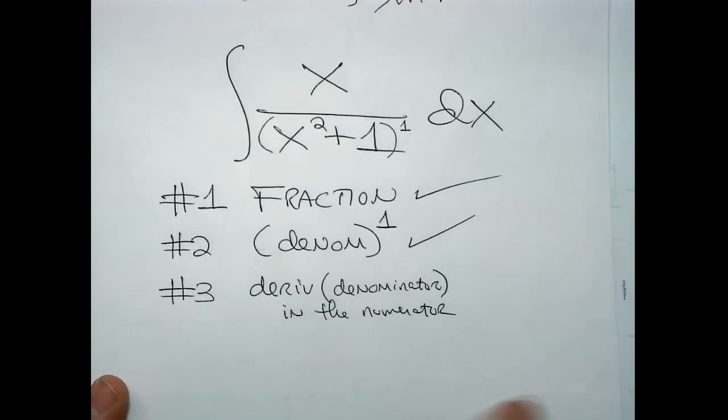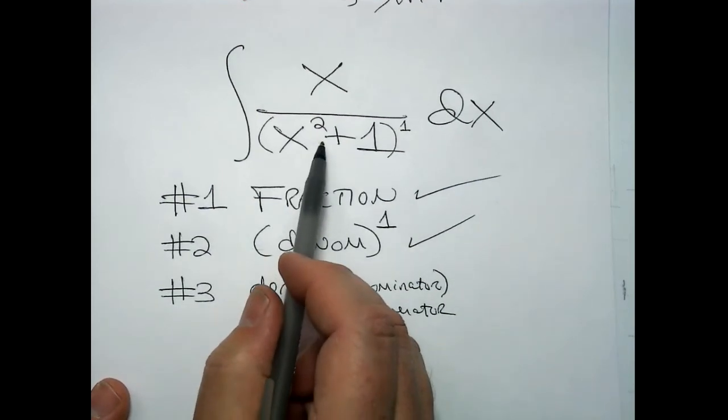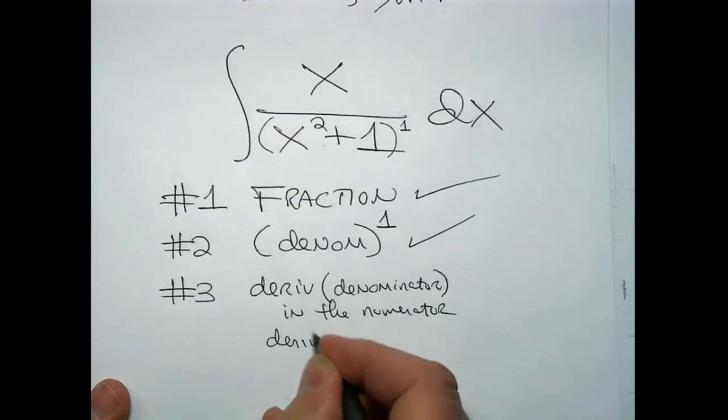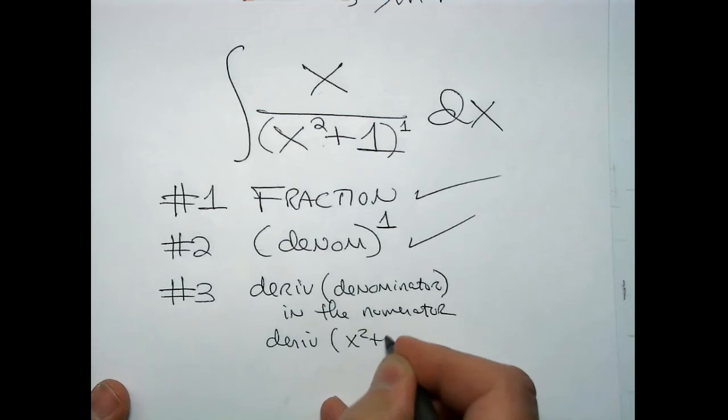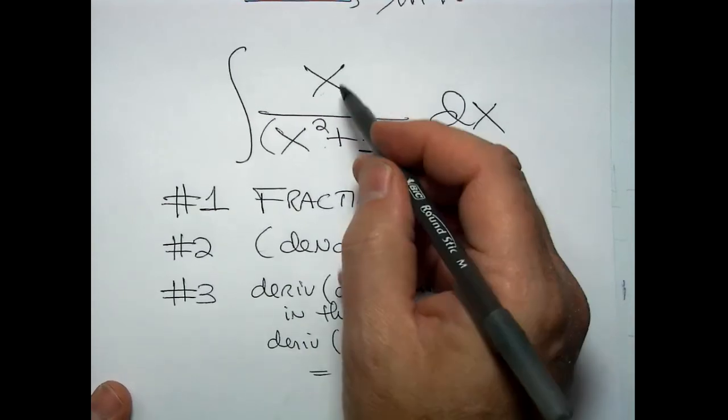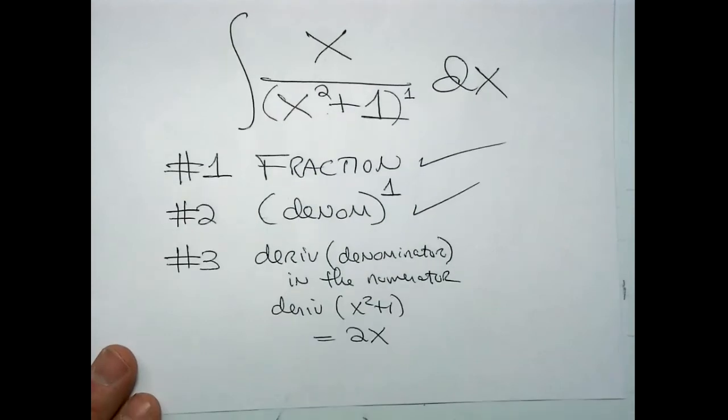Well, let's see if that worked. I want to see the derivative of this living on top. Well, what is the derivative of the denominator? The derivative of our denominator is 2x. So no, I can't check this off because that does not live on top.